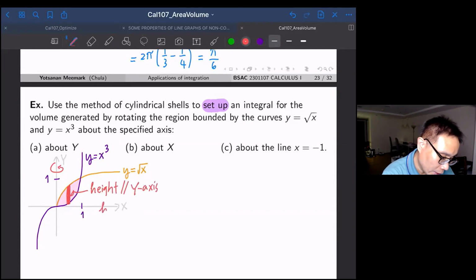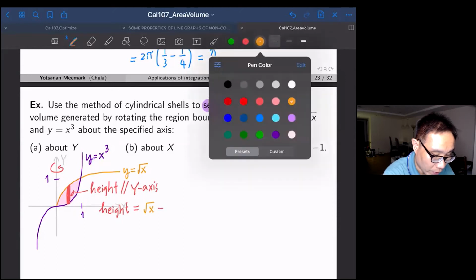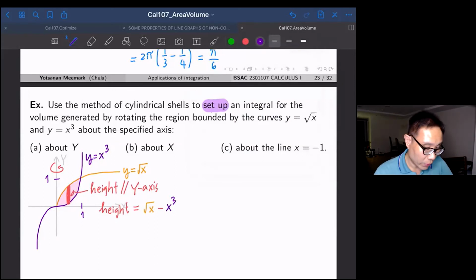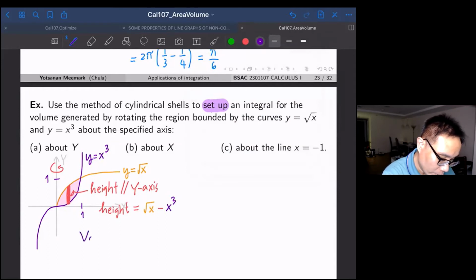So the height in this case will be equal to, you see, y equal to root x on top, so it's going to be root x subtract x cubed. Okay, so the height is root x minus x cubed. So the volume of the shell turns out to be the integral, the shell dx.